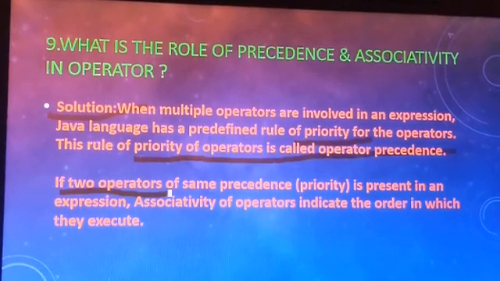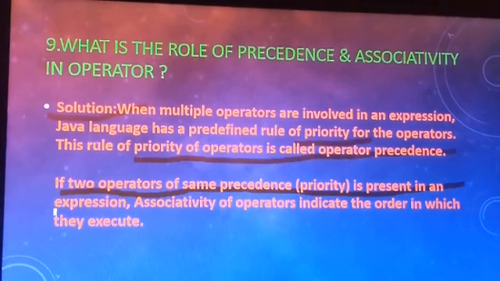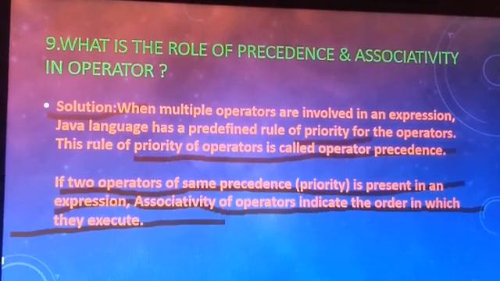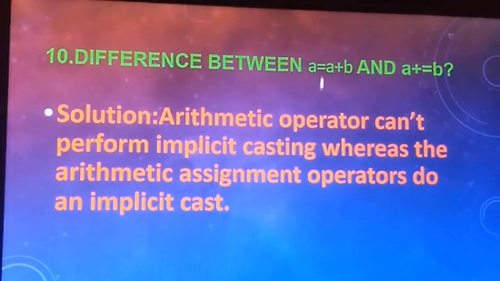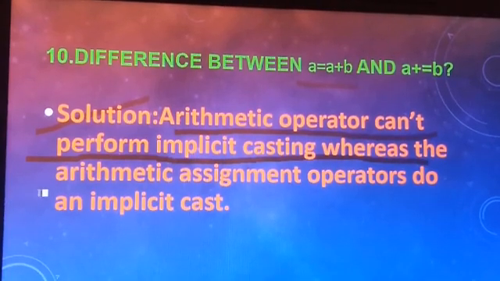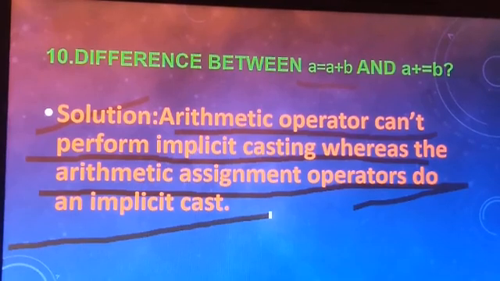If two operators of the same precedence are present in an expression, associativity indicates the order in which they execute. Tenth question is, difference between a = a + b and a += b. Solution: the arithmetic operator can't perform implicit casting, whereas the arithmetic assignment operators do implicit cast.